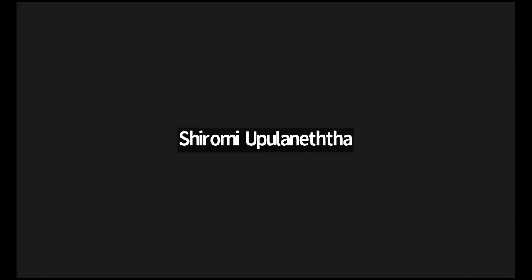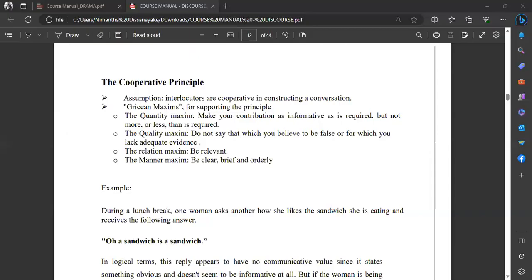Am I clear to you? Yes, ma'am. Okay. Then another example is the book cover is sort of yellow rather than it is yellow.